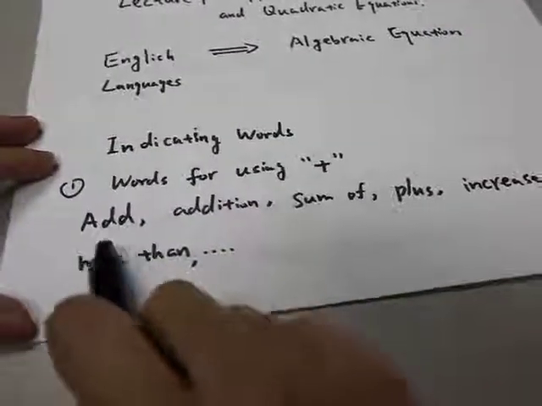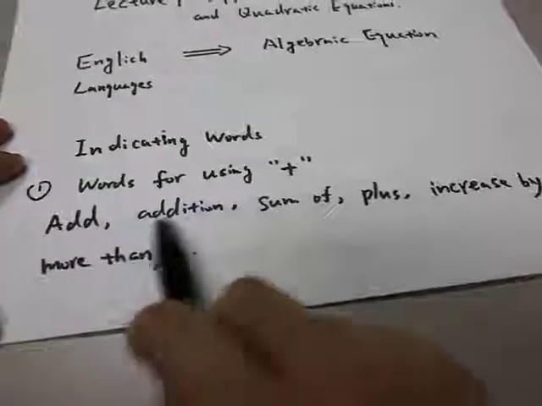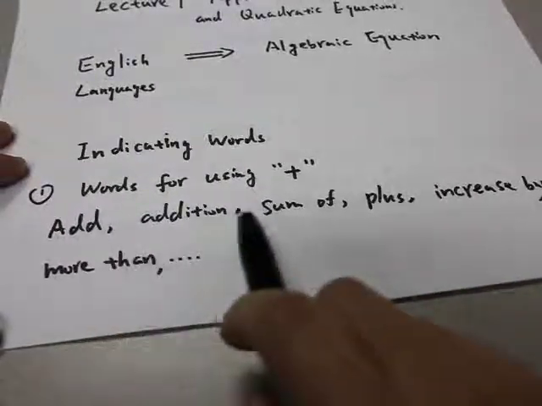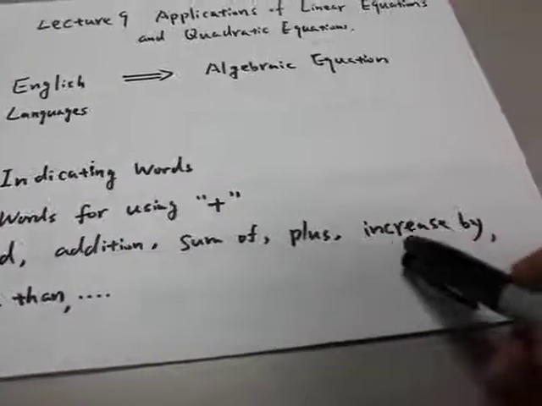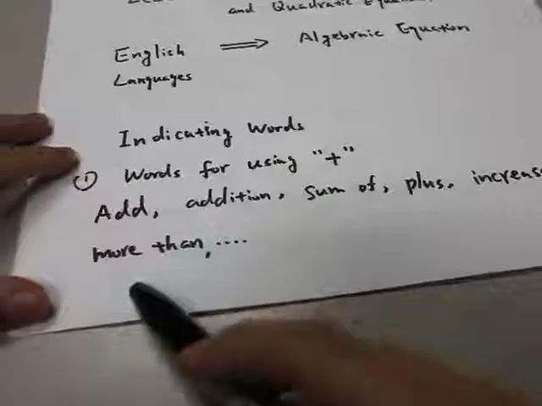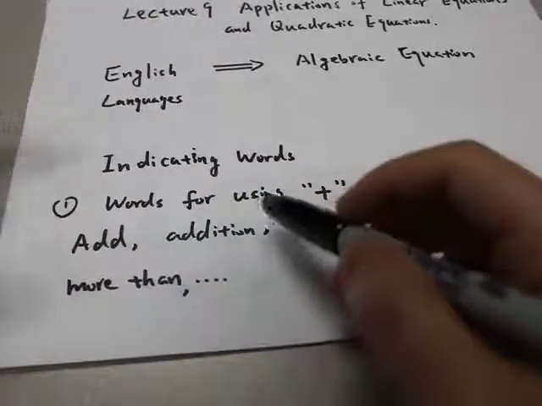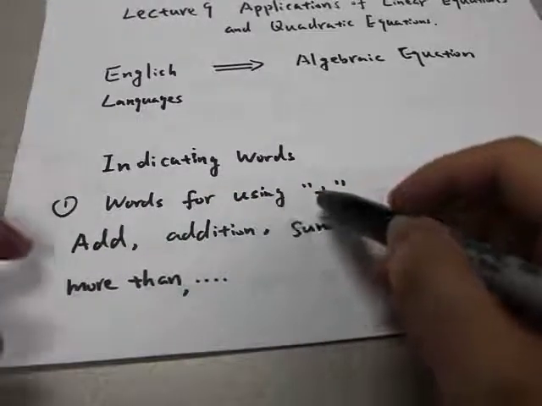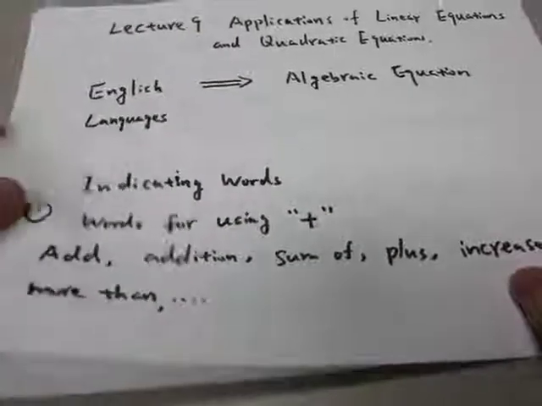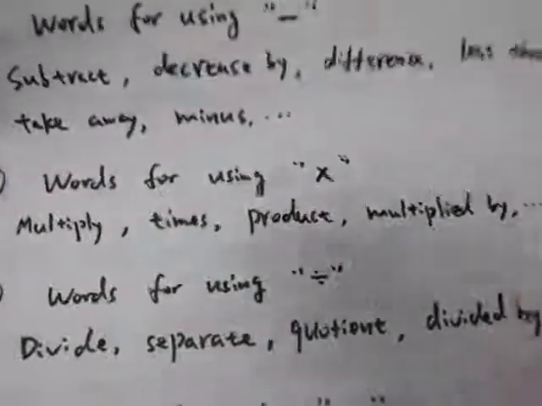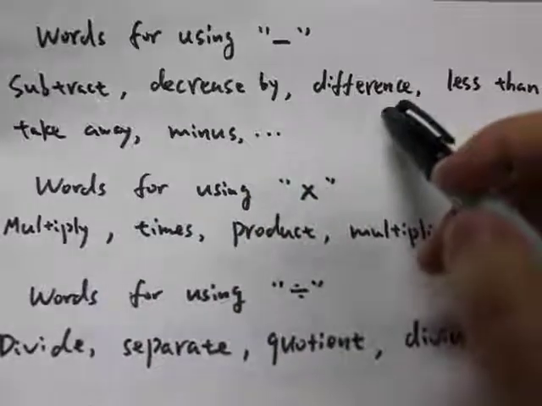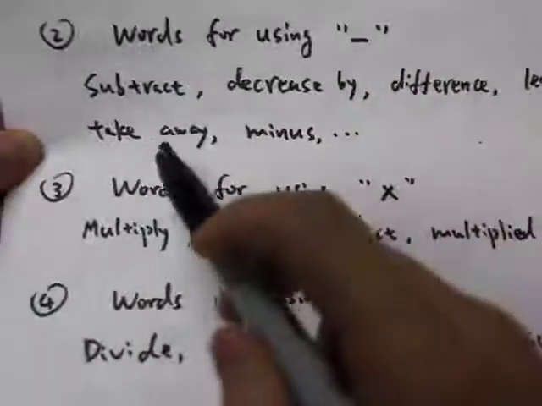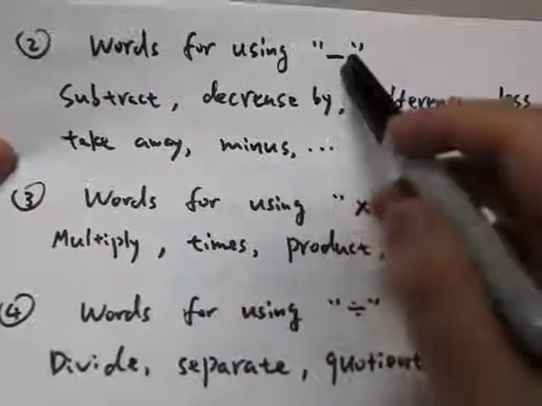For example, when you see words like add, addition, sum of, plus, increase by, more than, then this means we should use a plus. And if you see subtract, decrease by, difference, less than, take away, minus, that means we should use a minus sign.